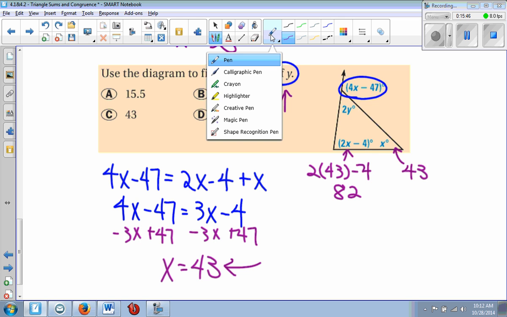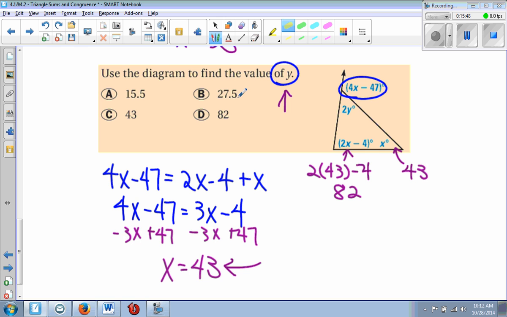Now, why is that important that I do that? Because this 82 is an angle inside the triangle. The 43 is inside the triangle. The 2y is inside the triangle. So I can use the interior angles of a triangle theorem to figure out the value of y. So I'm going to take those angles, 2y, 82, and 43.